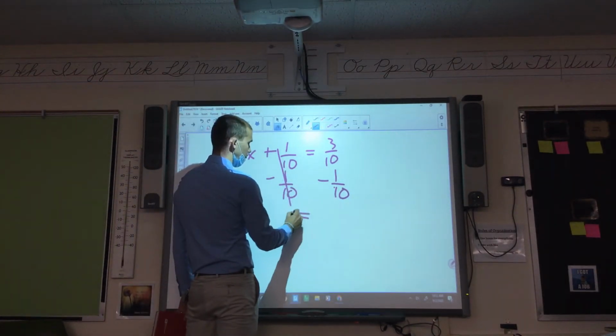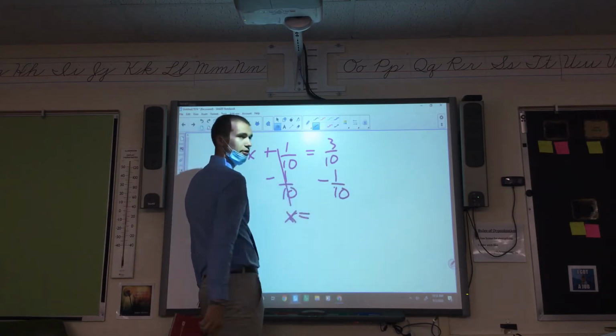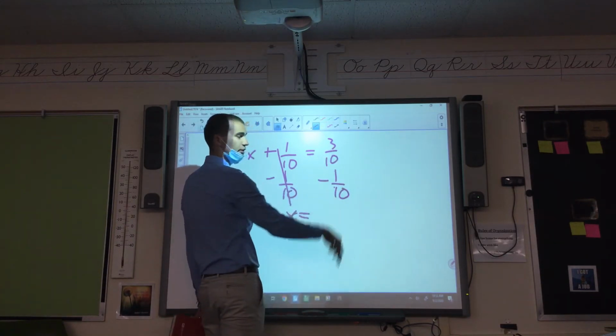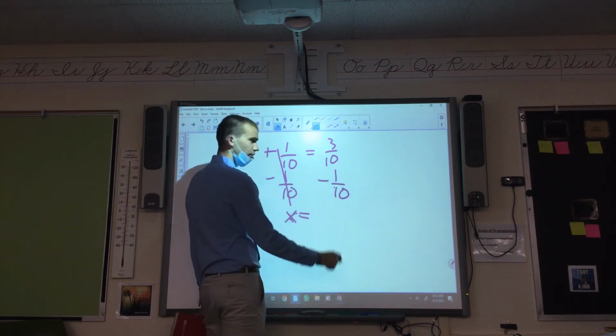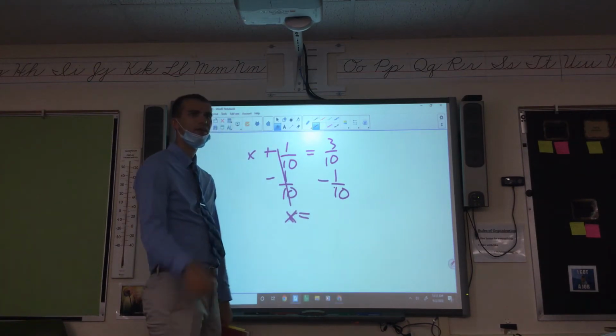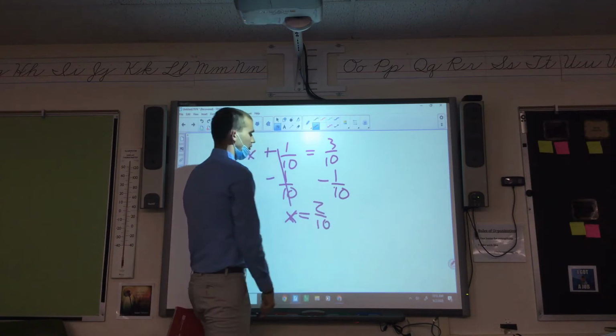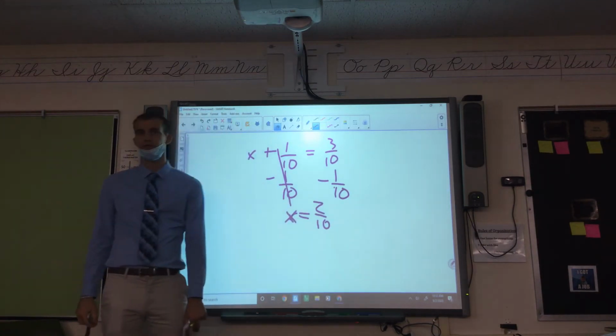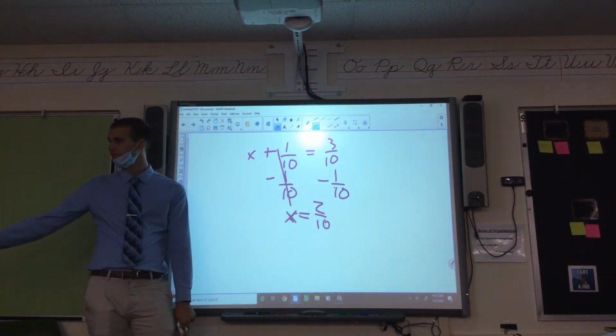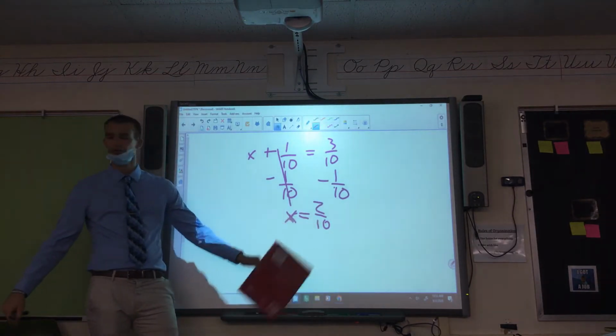X equals 3/10 minus 1/10 is, what? 2/10. Is 2/10 all the way simplified? No. What is it when you simplify it all the way?